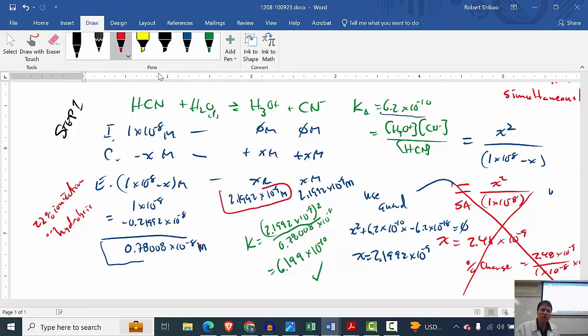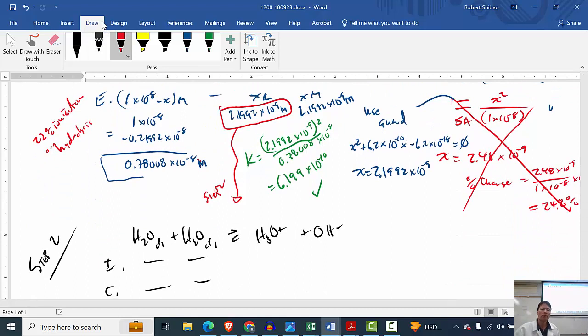And so we're going to take this hydronium that we generated in step 1 and then drop it down to step 2. And so that means that 2.1992 times 10 to the minus 9 molar is going to come from step 1. And here we assume that no hydrolysis has occurred, so there's no hydroxide. So all that hydronium came from the previous step.